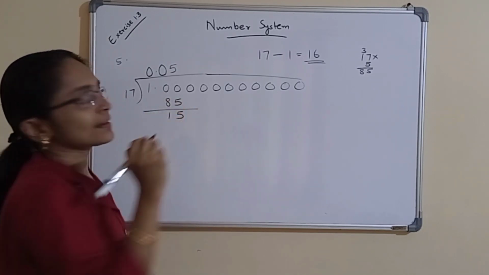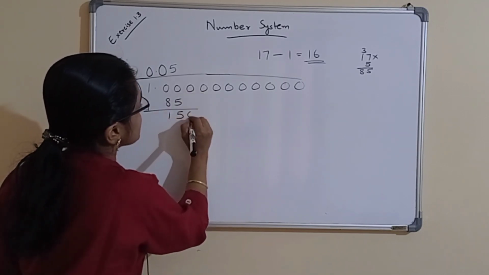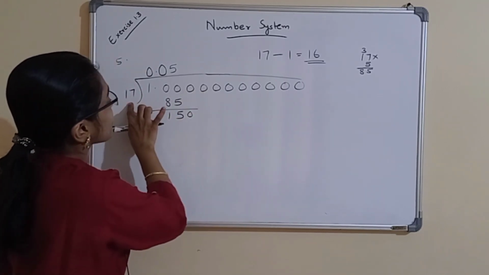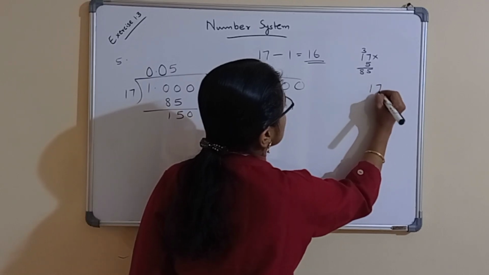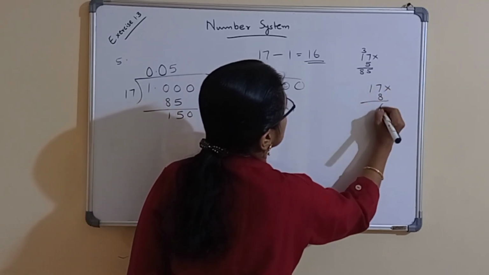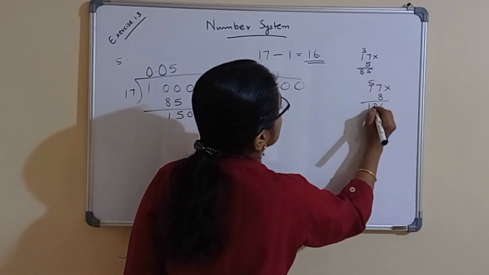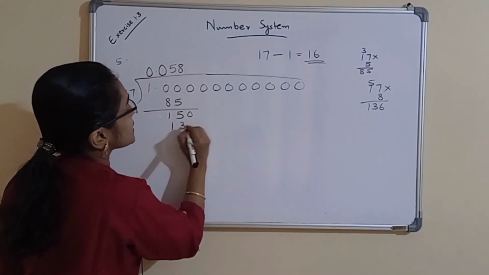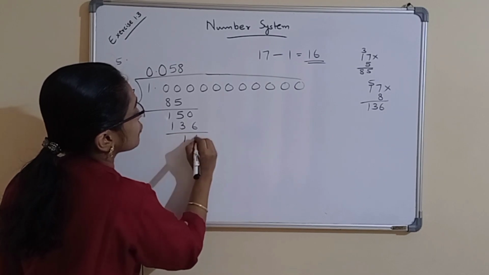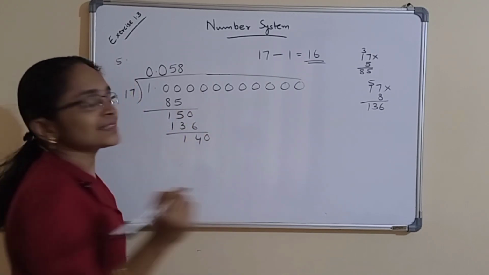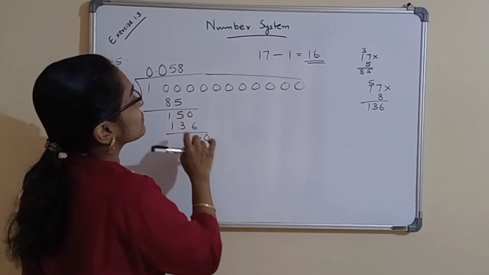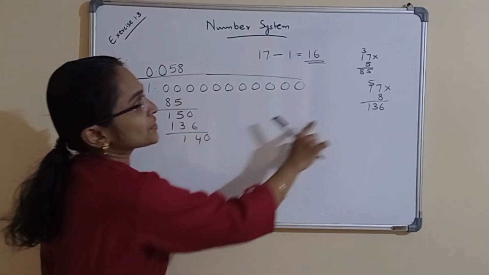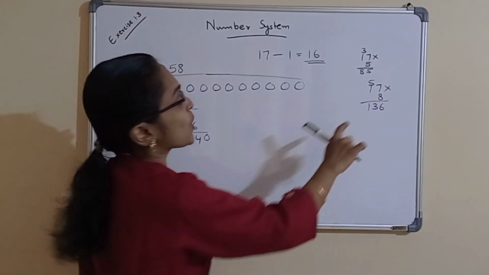It is 15. Now bring this 0 down and 17 will go in 150. 17 into 8 is 136. So 136, and what is the remainder? 14. Now bring this 0 down and 17 will go in 140 8 times, because it is 136.